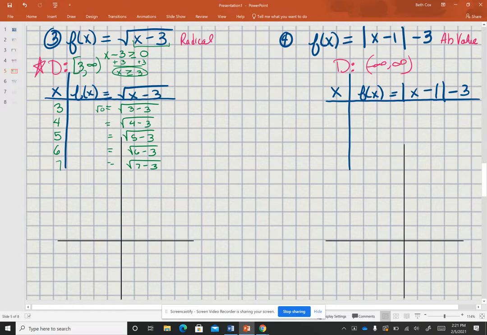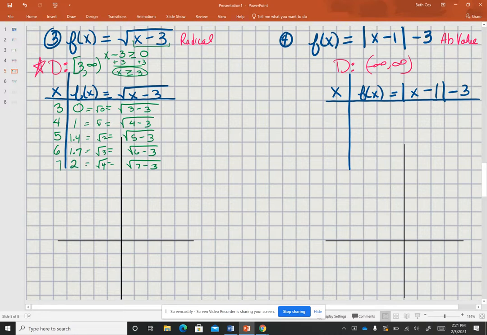The square root of 0 is 0. 4 minus 3 is 1, so the square root of 1 is 1. 5 minus 3 is 2, and the square root of 2 is, calculator, 1.4. The square root of 6 minus 3 is 3. Calculator, 1.7. And then 7 minus 3 is the square root of 4. Calculator tells me that's 2.